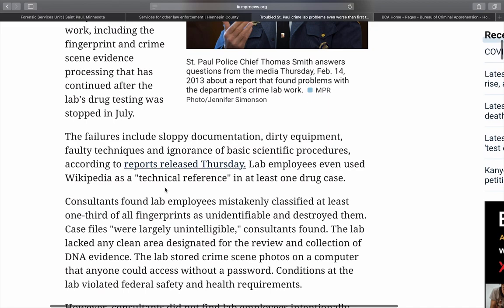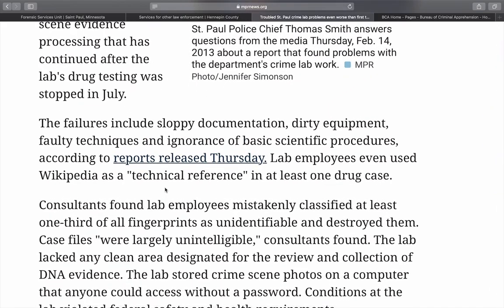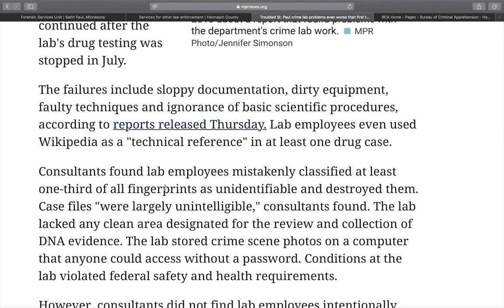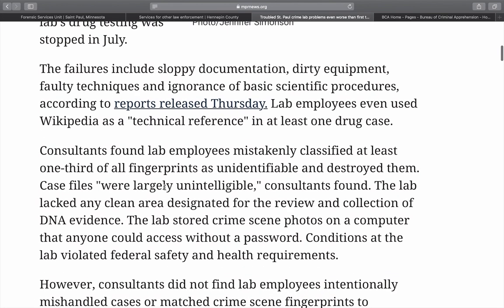The failures include sloppy documentation, dirty equipment, faulty techniques, and the ignorance of basic scientific procedures, according to reports released Thursday. Lab employees even used Wikipedia as a technical reference in at least one drug case. It sounds funny, but this was the case.